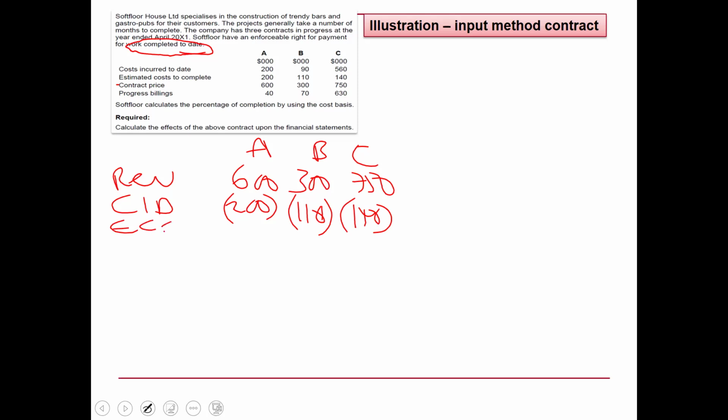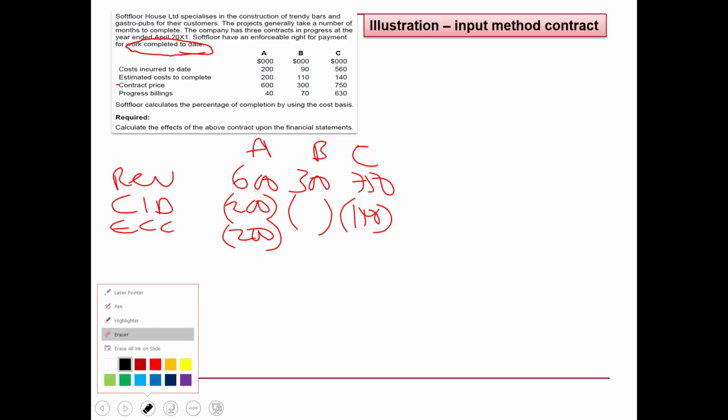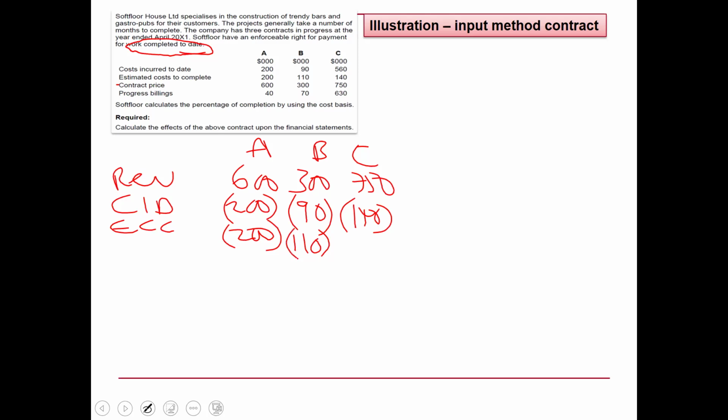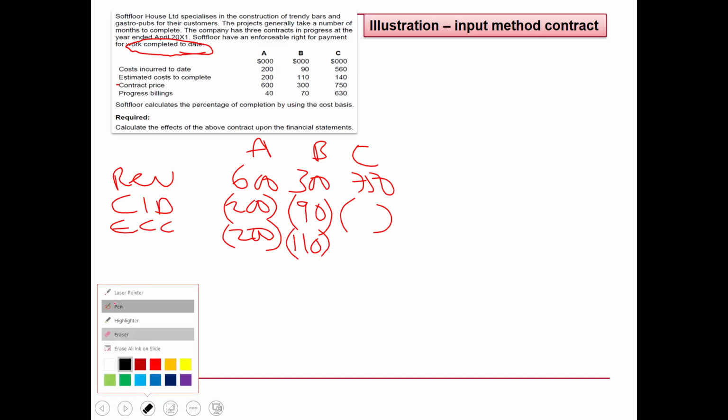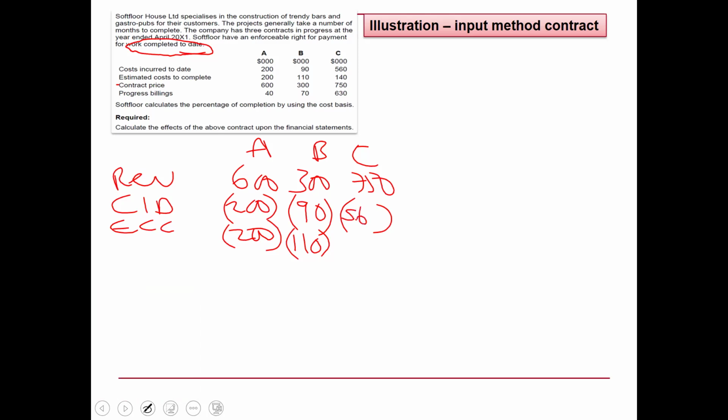The estimated cost to complete is a further 200 for A. We anticipate a further 110 for B, and we are anticipating that we require a further 140 in cost to finish project C.